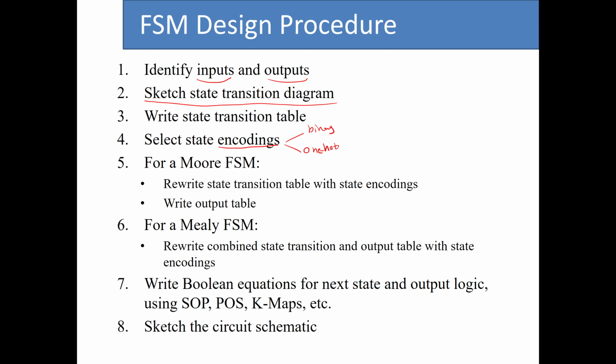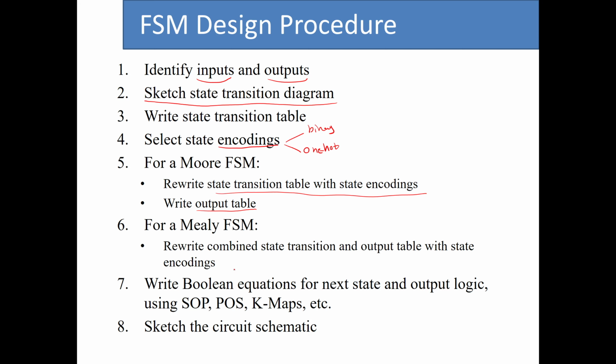So now that we have come up with the state encoding, for a Moore FSM, we write a state transition table with the state encoding, and we write a separate table for the output. Again, if needed, we need to encode the outputs too. Remember, for the traffic light example, we had to encode the traffic light output as well.